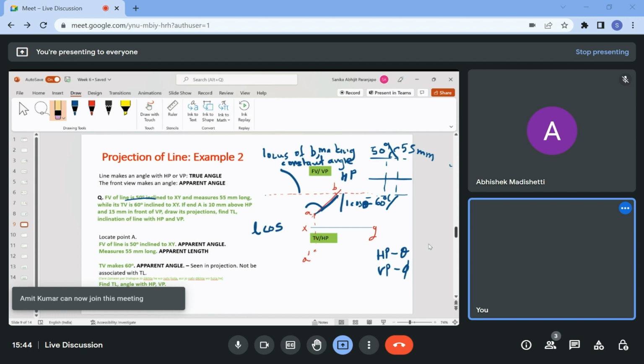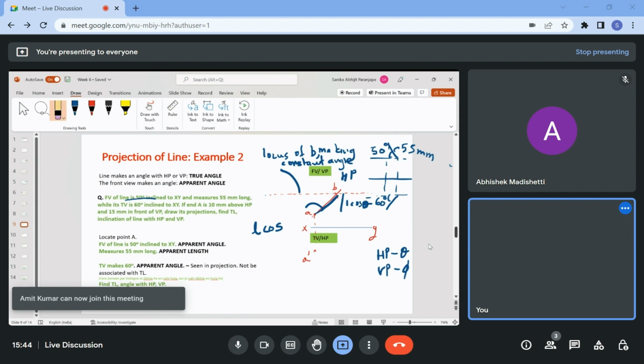When, while rotating, it stops at a point such that this is parallel to the VP, which means that the projection that we see in the horizontal plane should be parallel to the XY line. So that's why we rotate A dash B dash here.